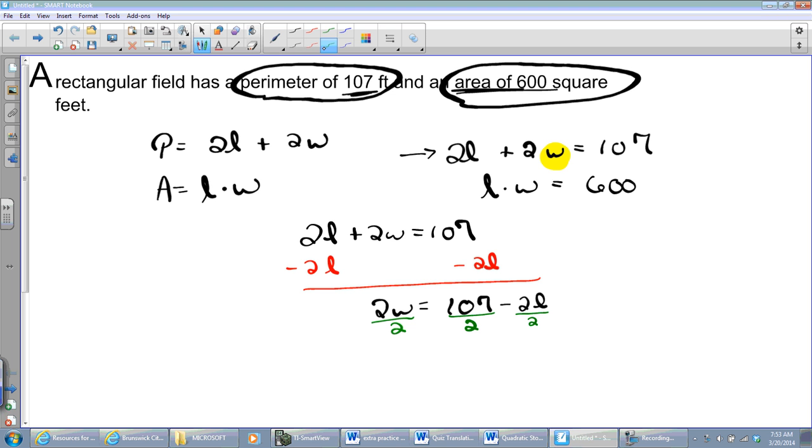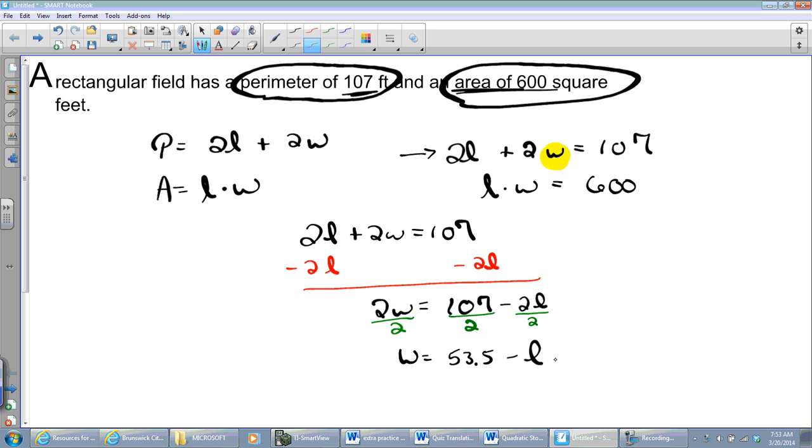And so my new equation becomes W equals negative L, and let's see, half of 107, that's 53.5. Is that right? I think so, 53.5. Yeah, I think that's right. So I have this equation.